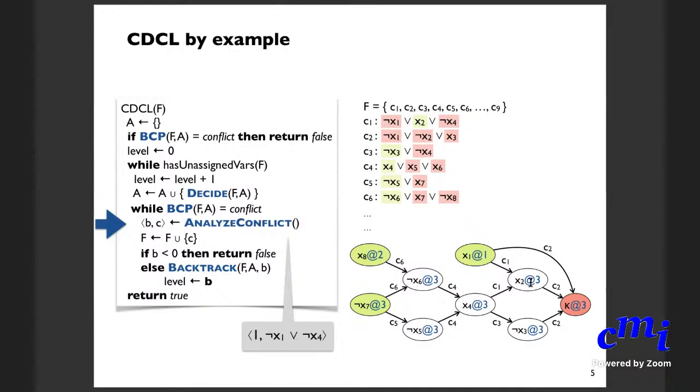So one possible thing is to say not of X1 or not of X4. That is the negation of the decision that results in a conflict, and it is a possible conflict clause. As I said, there are several ways to block this, and that's what we added.